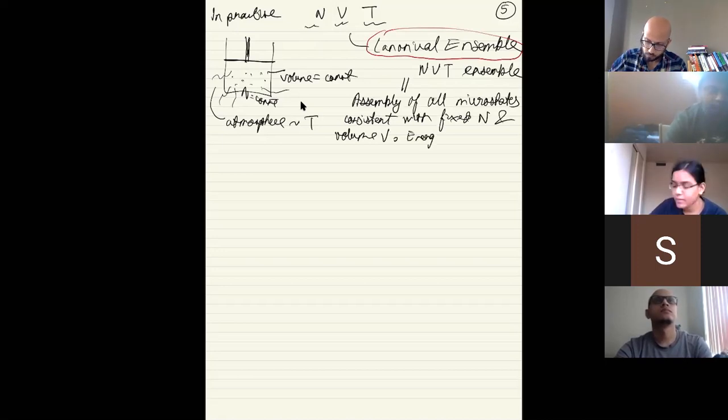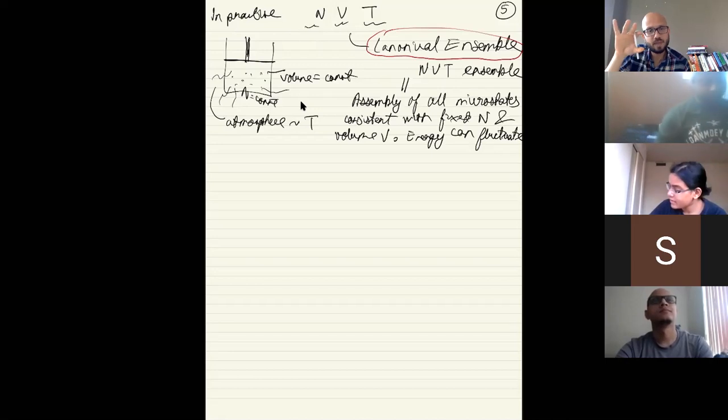Energy can fluctuate. So we are no longer saying that the energy of the microstate, the potential energy plus kinetic energy, must be E. We allow it to fluctuate.